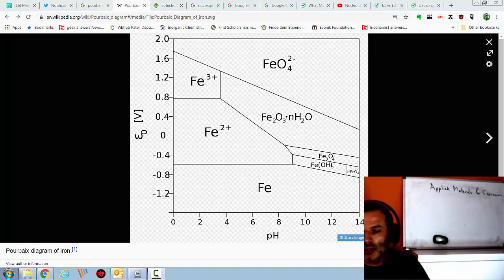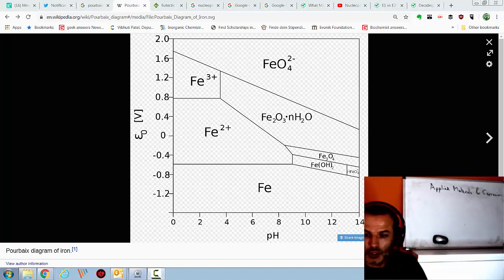If we make a solid product, iron hydroxide, iron oxide, then it will interfere with the reaction and slow it down. So if we have a pH of 12, for example, or 10 even, which is what we had, we would expect to form iron hydroxides on our iron at various potentials.